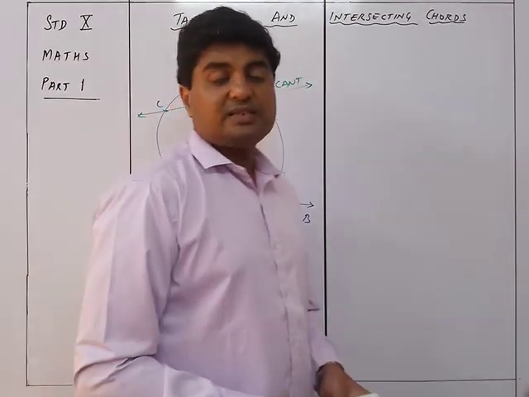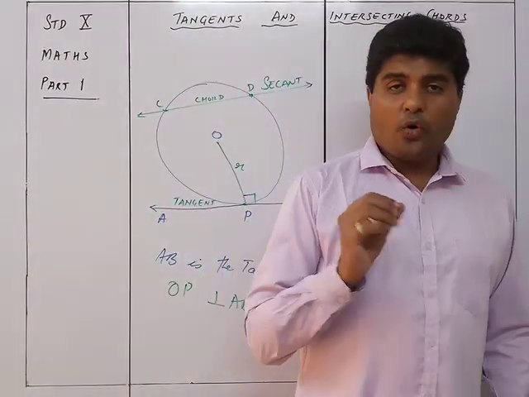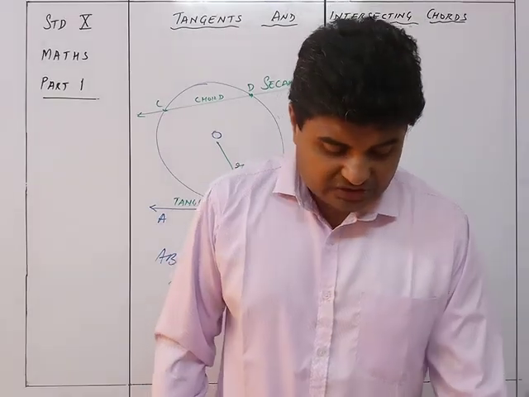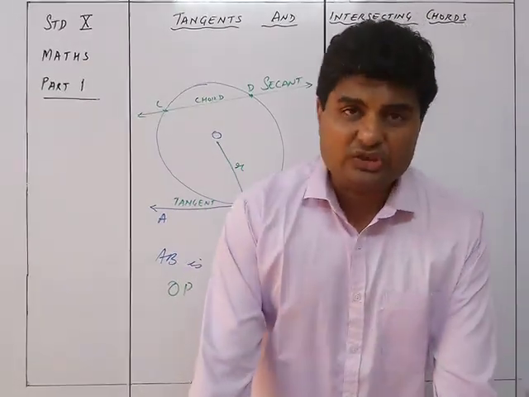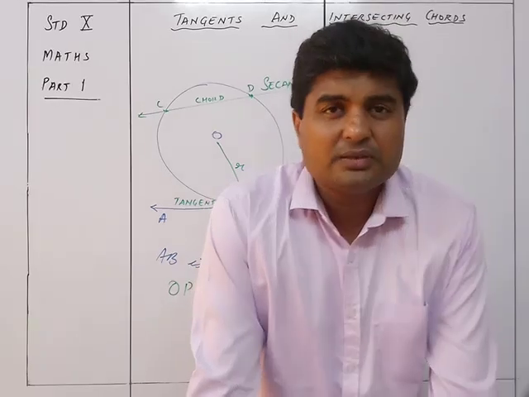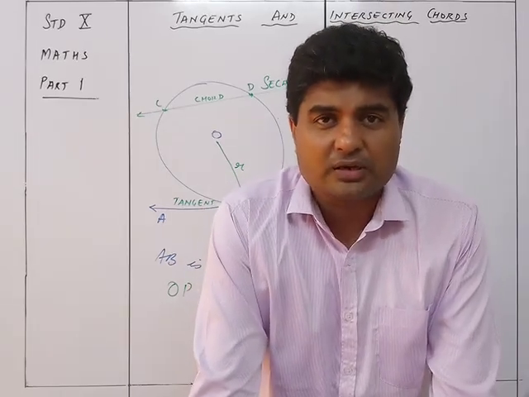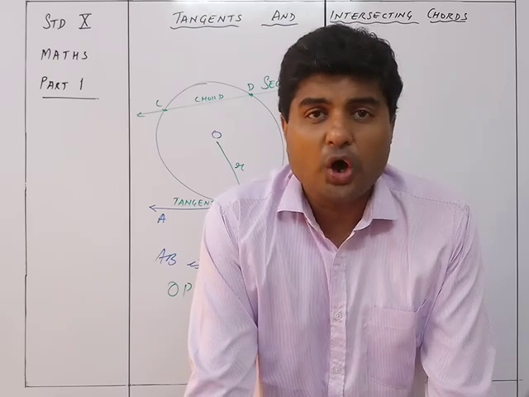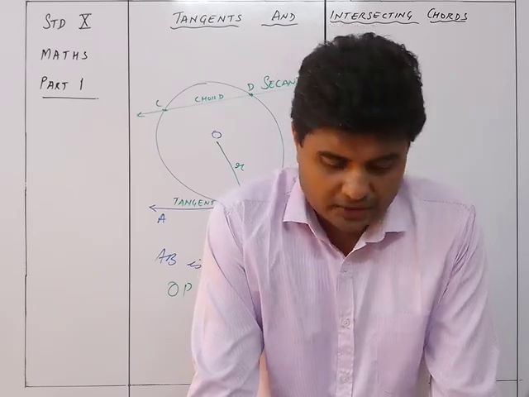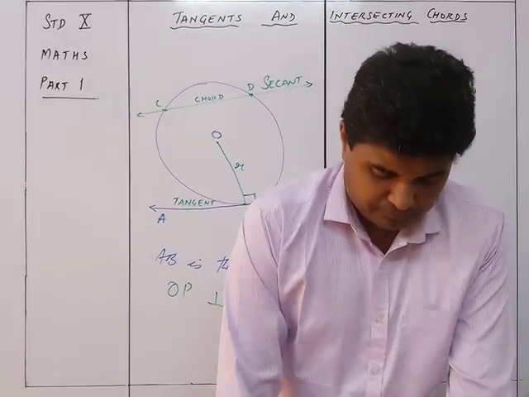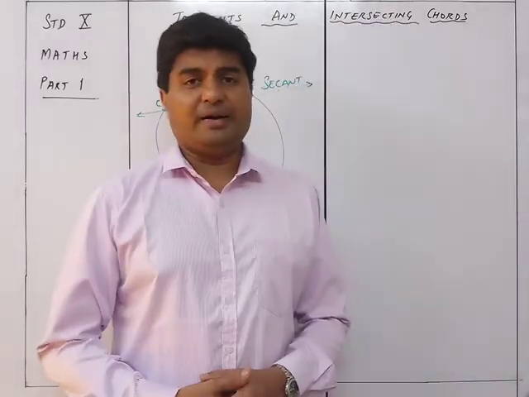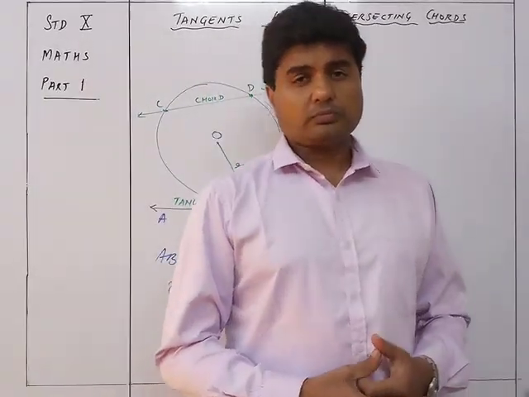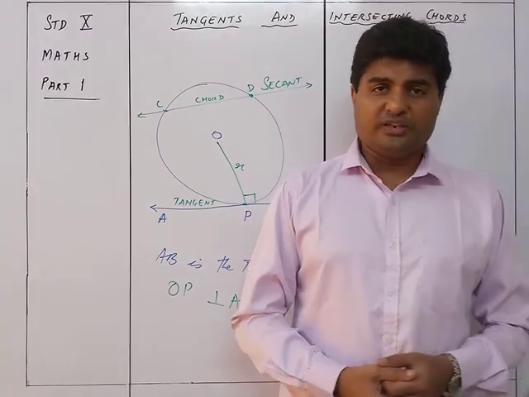Okay, the radius OP and the tangent at any point on the circle are always going to be perpendicular to each other. That is theorem number 10, or we can say theorem number 1 for this chapter.